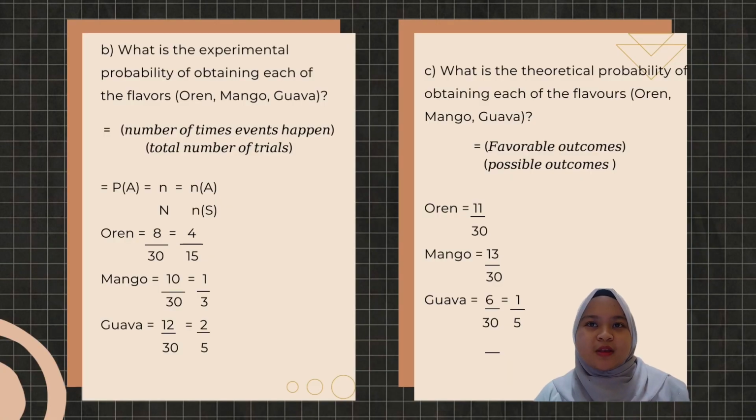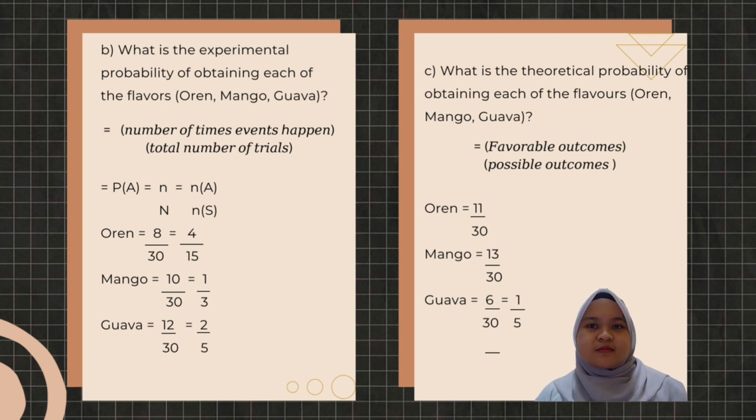For question B, what is the experimental probability of obtaining each of the flavors, orange, mango, and guava? For this question, we need to count the number of times events happen, divided by the total number of trials. So we need to use the formula P(A) = n/N = n(A)/n(S), where n is the number of outcomes of the event.